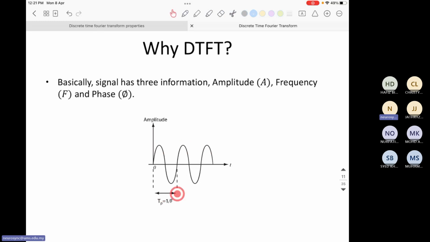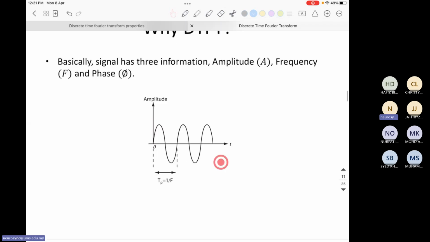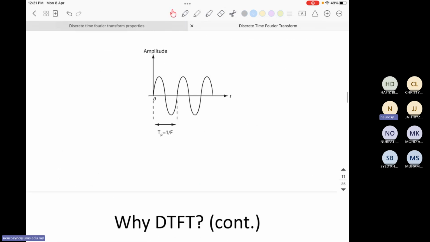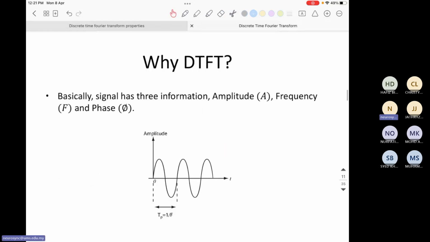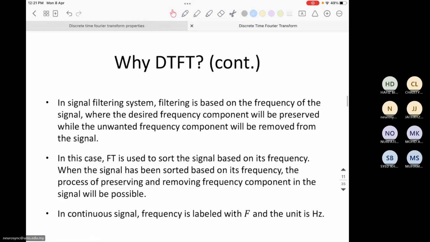This is one time period of the signal, and the phase phi is 0 in this case since it starts at 0. But every signal has these three pieces of information: amplitude, frequency and phase.